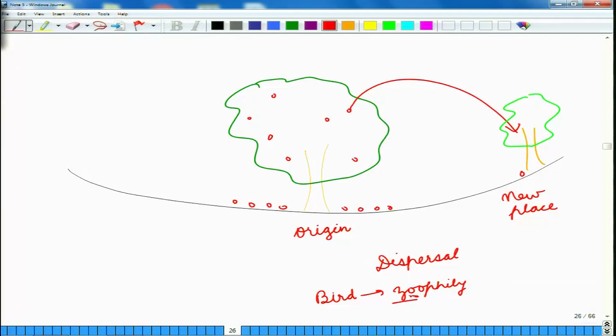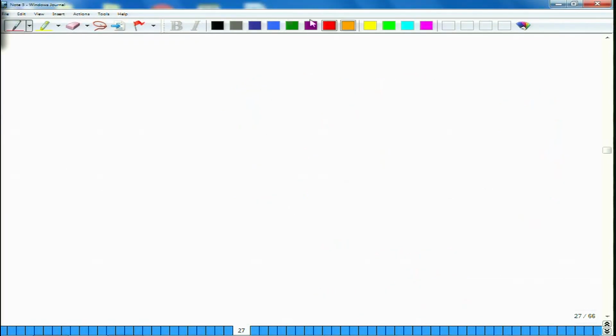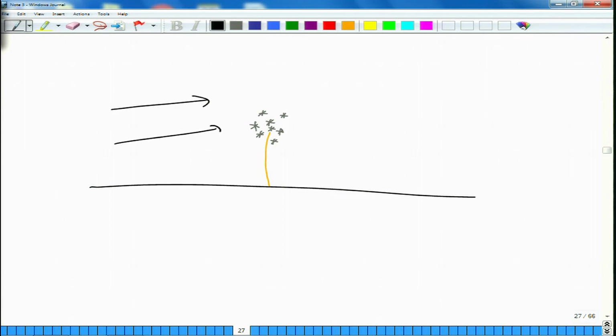So, essentially we have an animal, that is zoo, that is loving this thing, the fruits or the seeds, and is dispersing it. Similarly, in the case of certain plants such as the dandelions, we would observe that in a field we would be having these dandelions that are having quite a lot of seeds that have a cottony growth around them, and whenever we have a wind movement, then these seeds that have this cottony cover would be dispersed away from the origin.